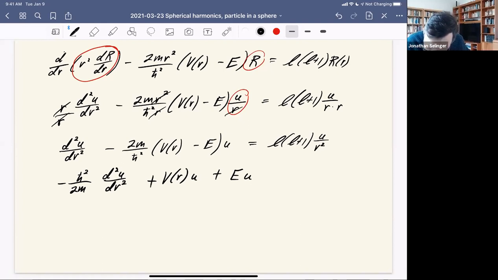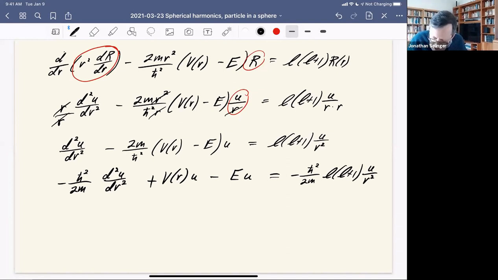No, this is a plus. This is a minus. Oops. Minus e times u is equal to negative h bar squared over 2m times l times l plus 1 over r squared.